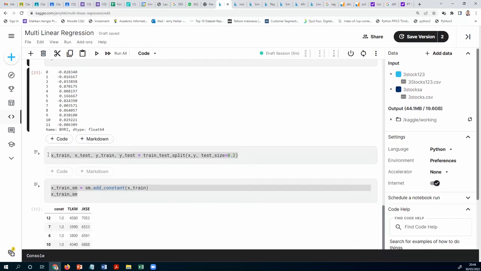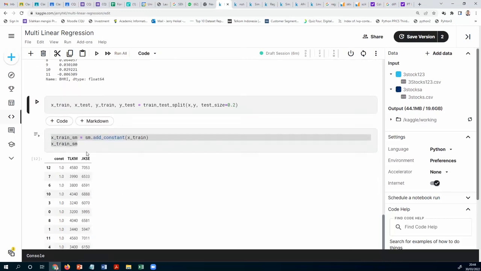And then let's develop the X-train, X-test, Y-train, and Y-test models using train test split, with a testing size of 20%. And then on the X-train, we need to add a constant. X-train underscore SM equals SM dot add constant of X-train.